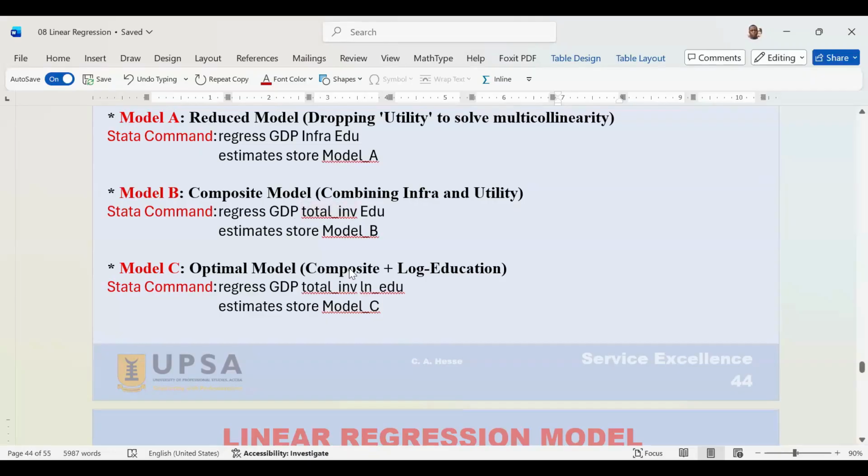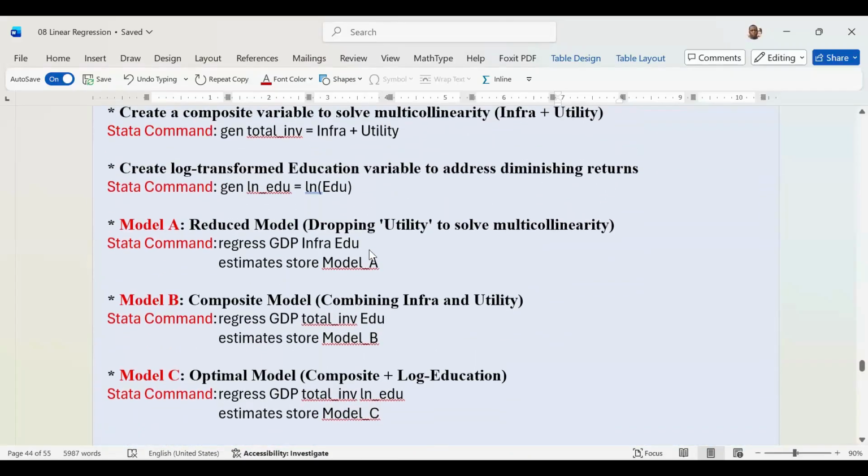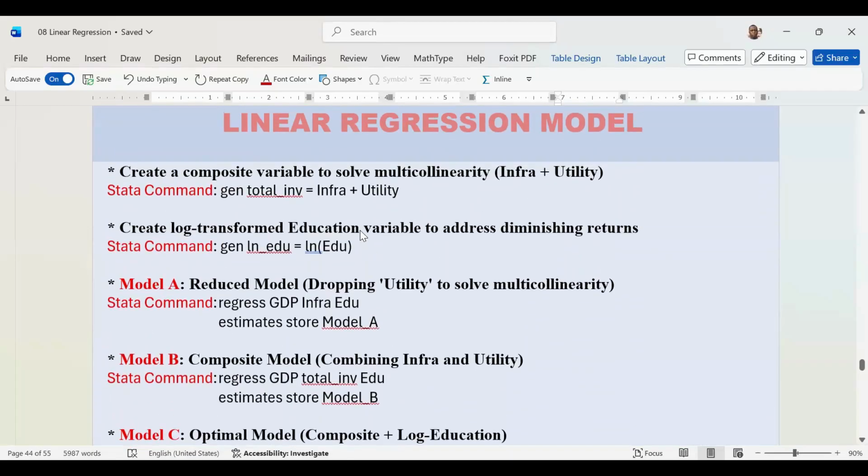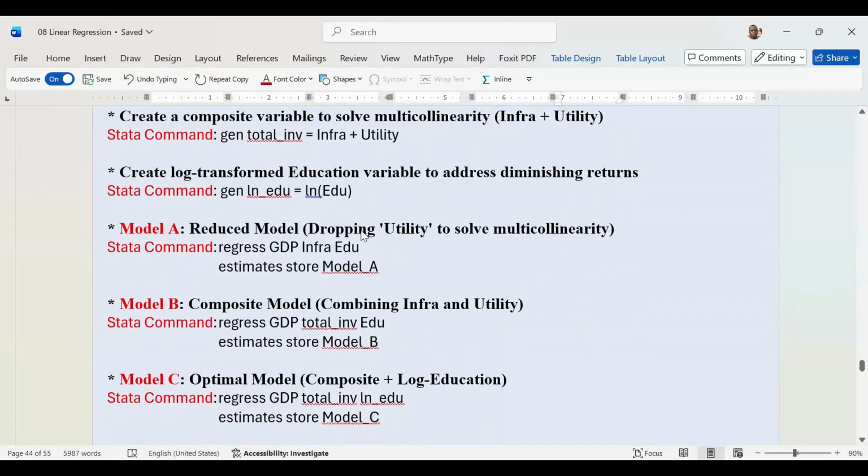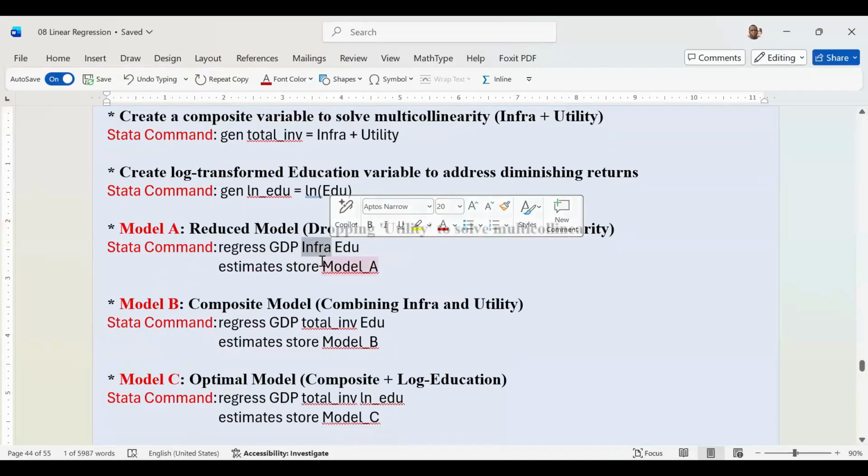After finding that there is multicollinearity, for the first model, Model A, we dropped utility, because utility is highly correlated with our infrastructure. So for model B, I decided to combine utility and infrastructure to form a new variable called total investment. Are you getting me?